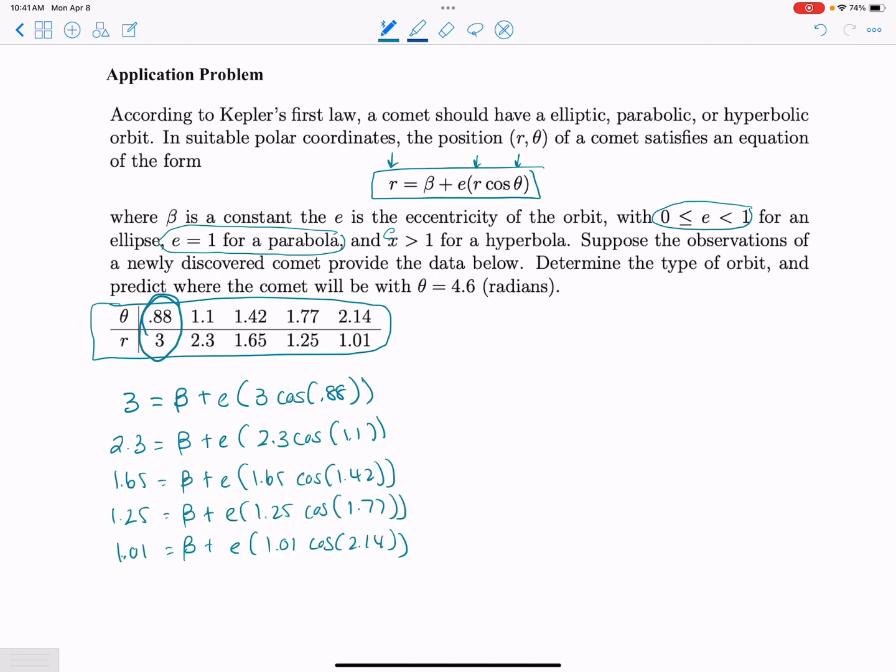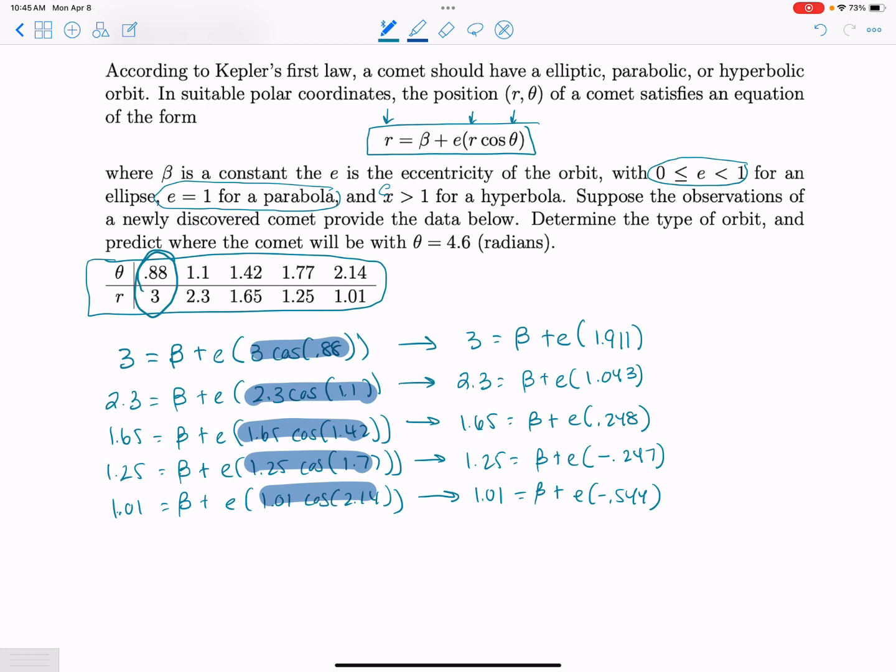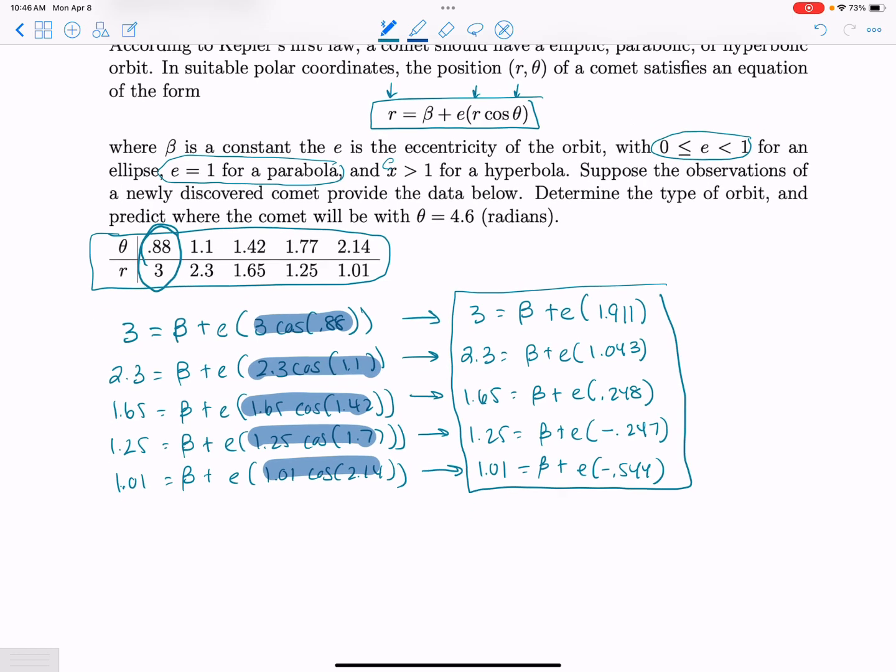Once I've plugged them all in, I'm going to actually find the value of these components. Now I have them written as 5 equations with 2 unknowns. So overdetermined because you have more equations than unknowns. I'm going to rewrite this in matrix form.